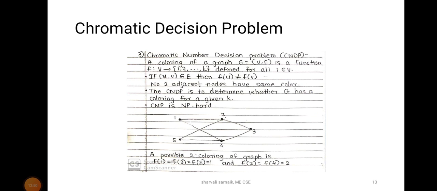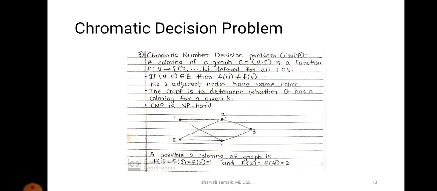Next we have the chromatic decision problem. Now in the chromatic decision problem, you may see that there is a graph shown. A coloring of a graph G(V, A) is a function f: V to 1..k, defined for all i belonging to V. If (u, v) belongs to A, then f(u) is not equal to f(v).